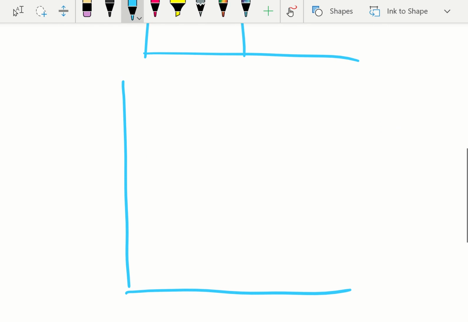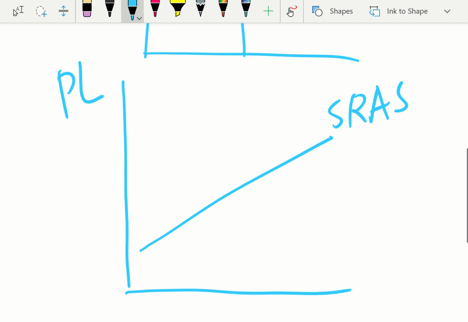let's draw our short run aggregate supply curve. By the way, guys, your long run aggregate supply curve is vertical, but the short run is upward sloping. We're going to talk about why that is later, okay? But imagine right now you have a short run aggregate supply curve that's upward sloping, with price level on the vertical axis and real GDP on the horizontal axis.